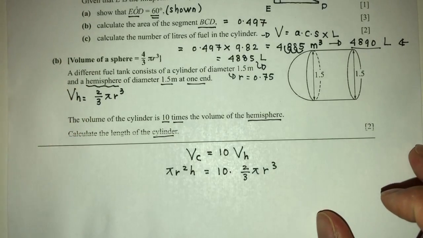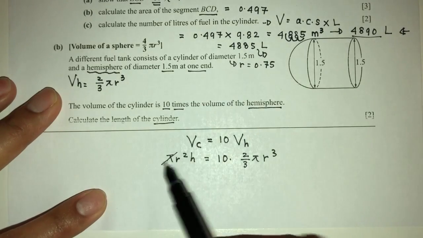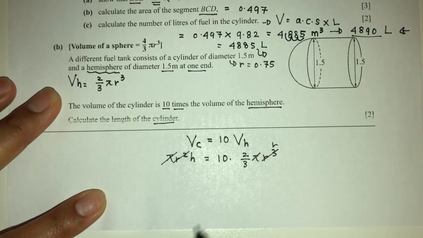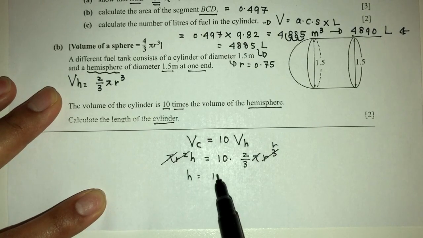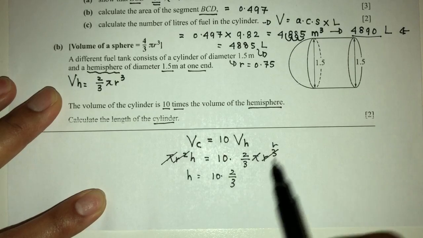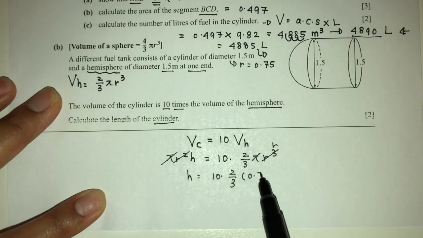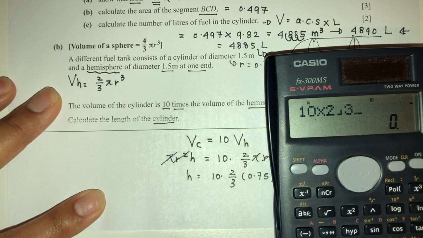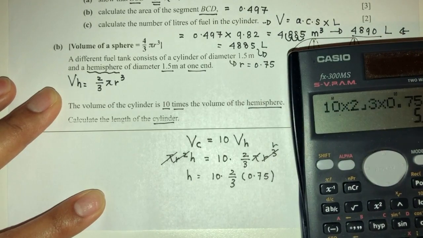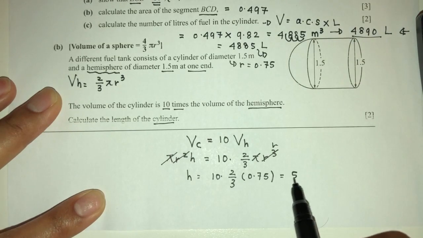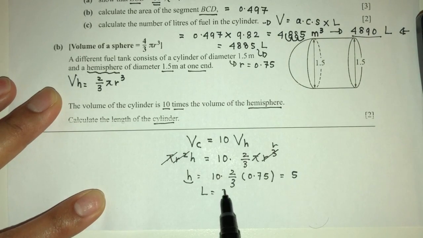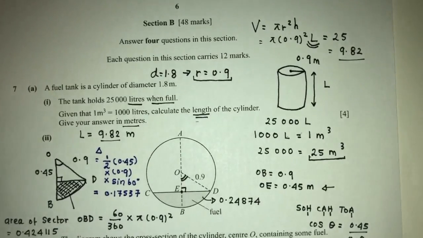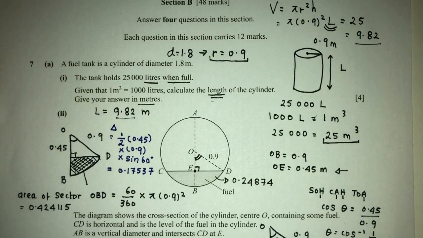Now we simplify: pi cancels out, r squared cancels to r, and h has to be 10 times 2/3 times r, which is 0.75. 10 times 2/3 times 0.75 is 5. So the length is 5 meters as your answer. And that will be your question number 7.